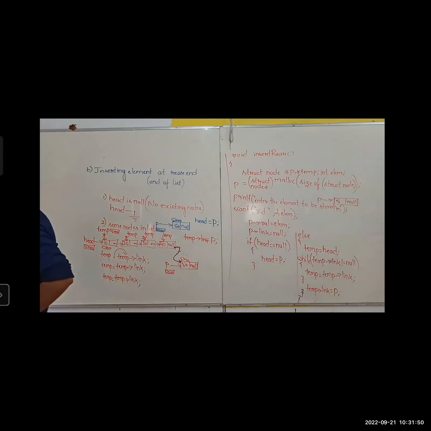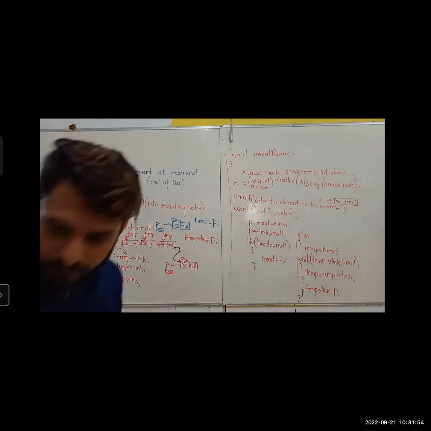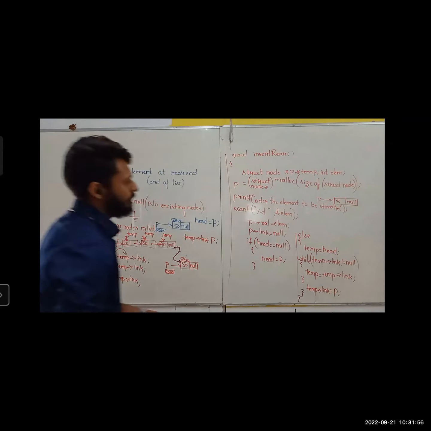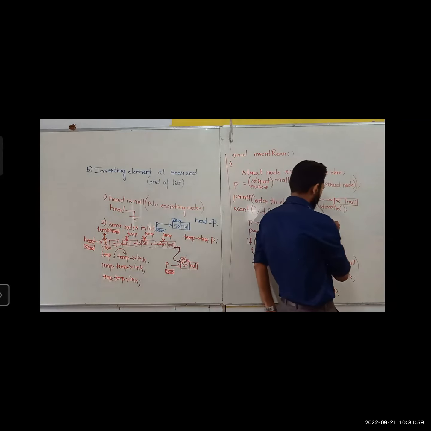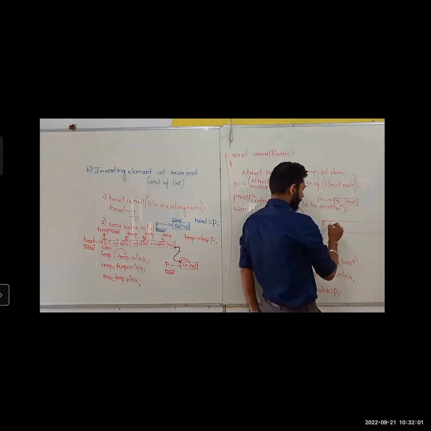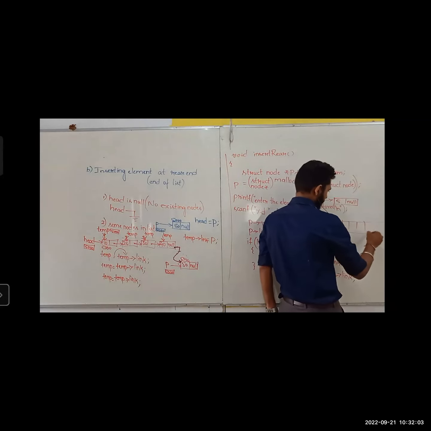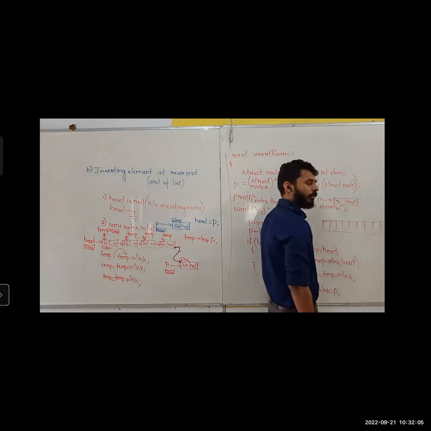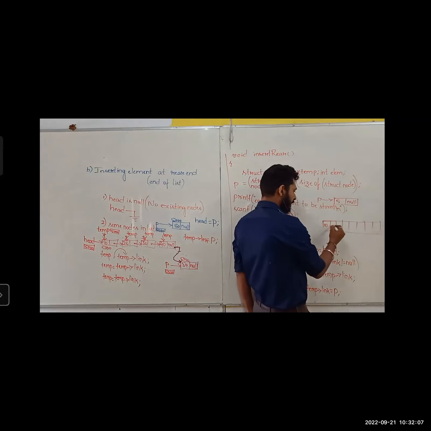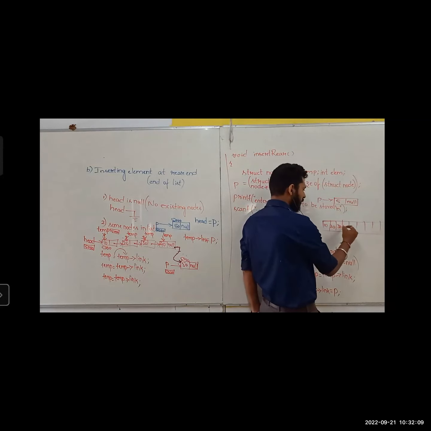So what I'm trying to say is, there are 10 locations, 1, 2, 3, 4, 5, 6, 7, 8, 9, 10, out of which I have stored 5.